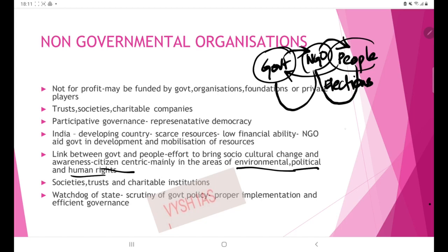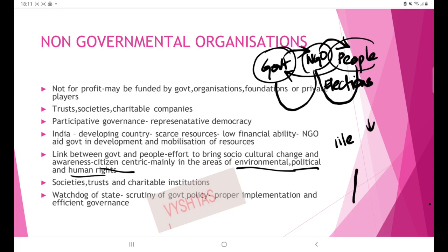Then political and human rights: they will be involved in awareness of people about their political rights, their reservations, etc. Since most of the people in India are illiterate and have low social mobility, these kinds of organizations play an important role in uplifting those sections.